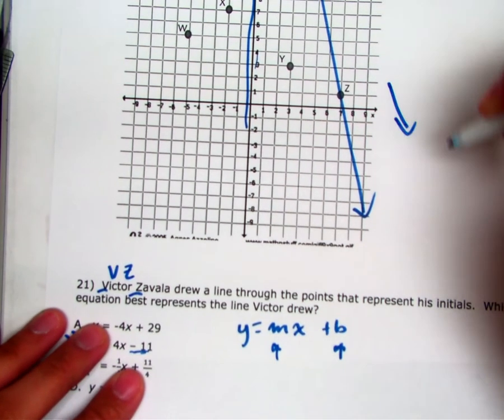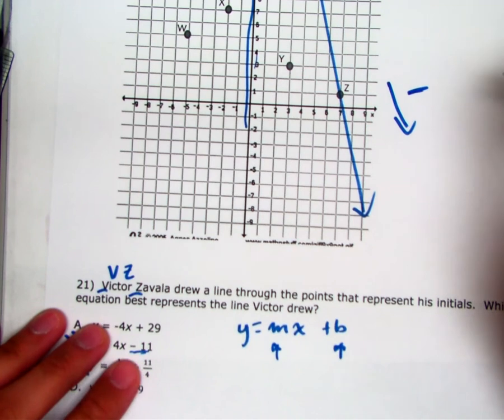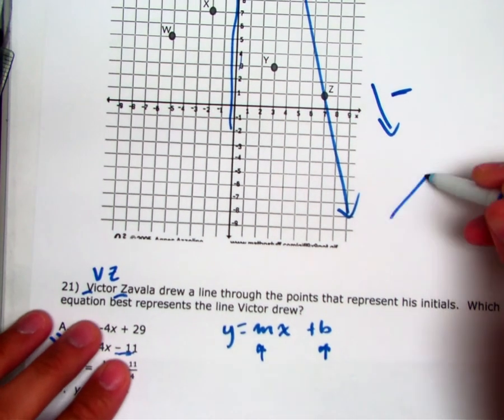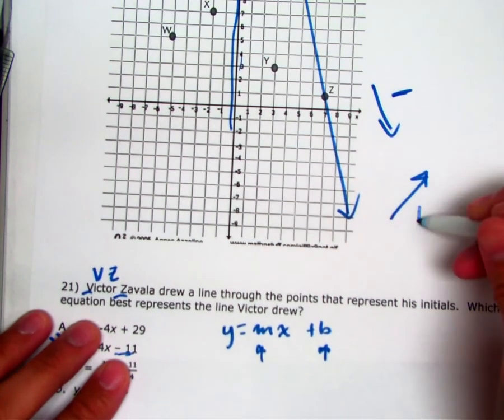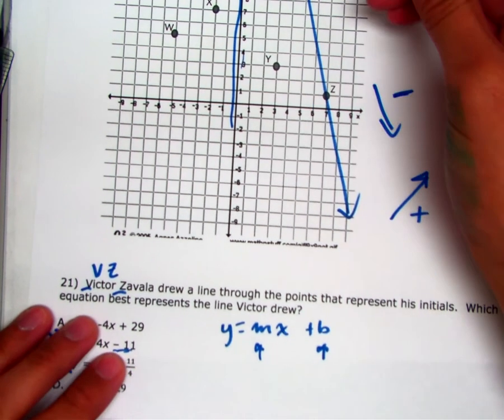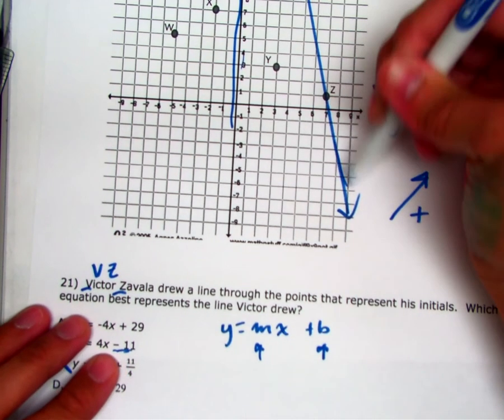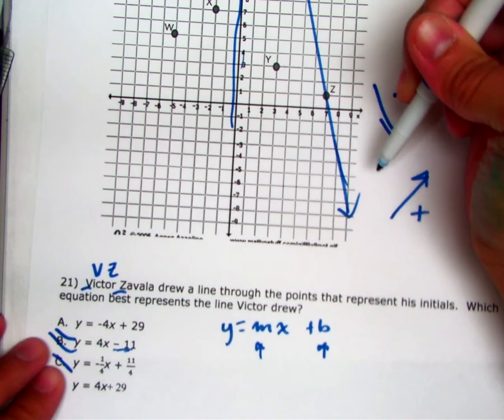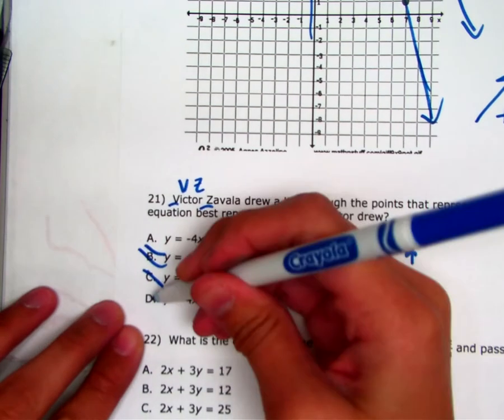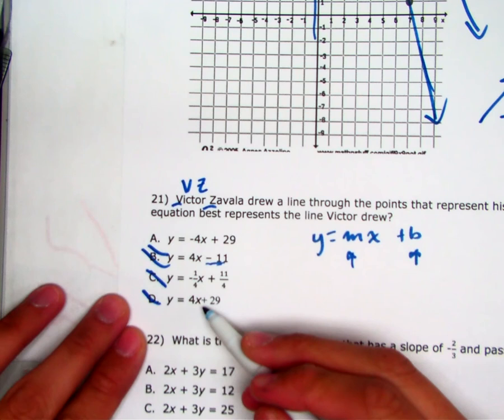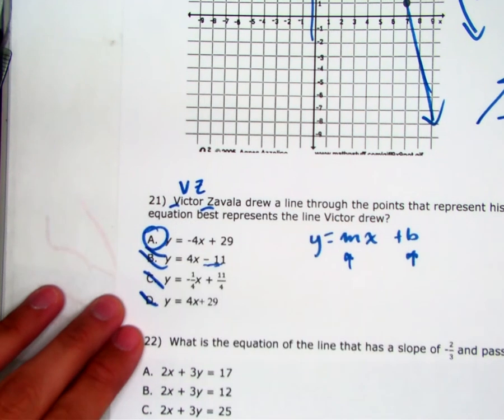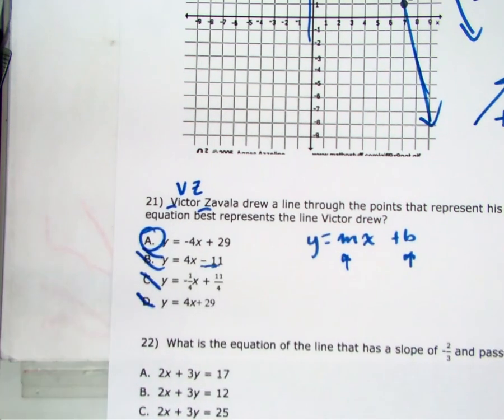Vice versa, if my line were going up from left to right, that would be a positive slope. But because it is going down, I have a negative slope. So the other answer I can eliminate because that's a positive 4, so my answer is A. I didn't really have to write it. I just had to eliminate the answers and see which one best represents my line.